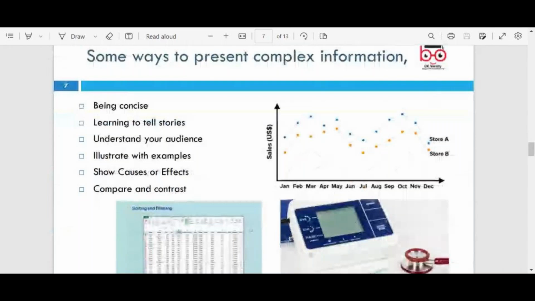Some ways to present complex information: being concise, learning to tell stories, understanding your audience, illustrating with examples, showing causes or effects, and comparing and contrasting. Here is an example of a graph, and it identifies how store A did from January to December, and then how store B did from January to December.